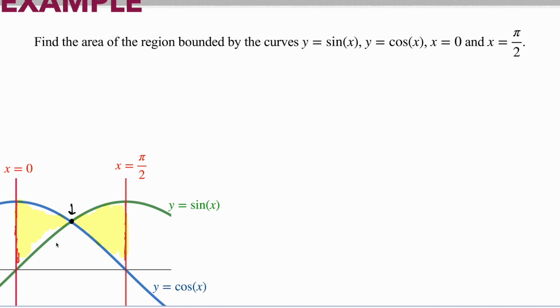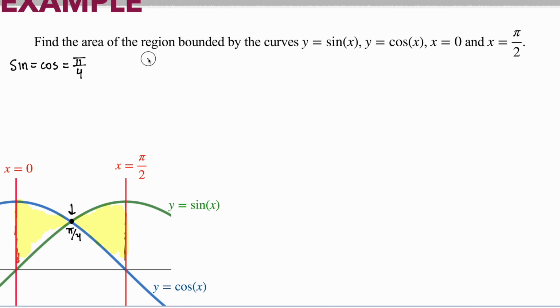Now, I happen to know where they cross because sine and cosine are the exact same answer, which means they cross each other at pi over 4. I happen to know that this right here must be at pi over 4, that they cross because they equal each other. That's the same point.